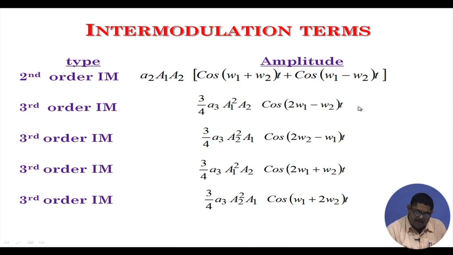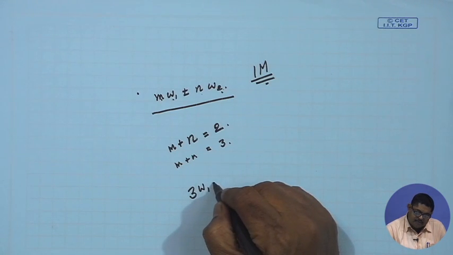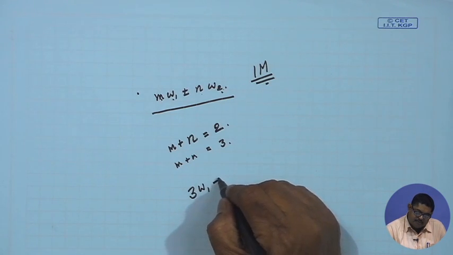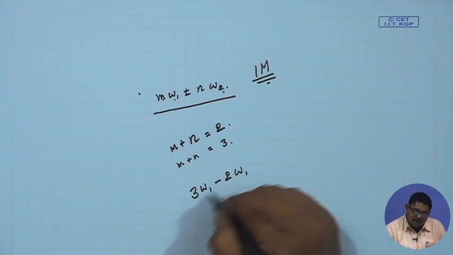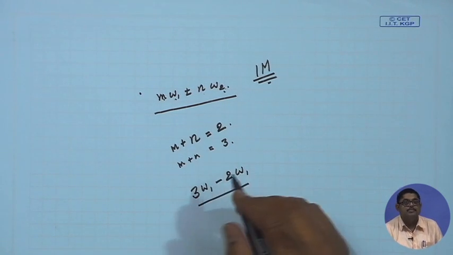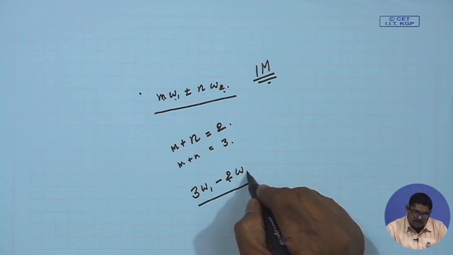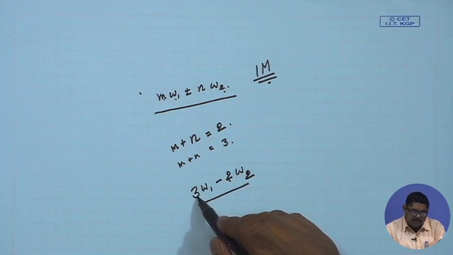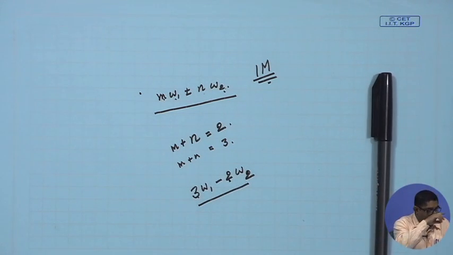Similarly, I could have 3 omega 1 minus 2 omega 2. Now, which IM is this? It will be fifth order IM, because this is 3 and this is 2. So, it is a fifth order intermodulation product.